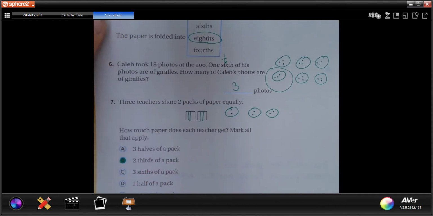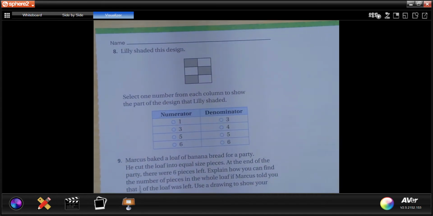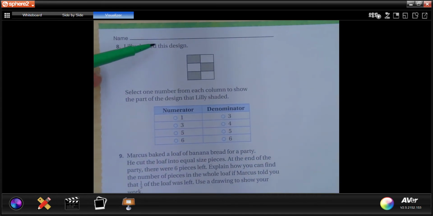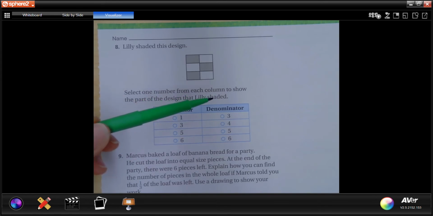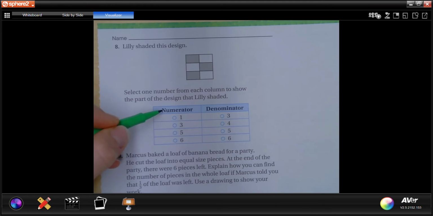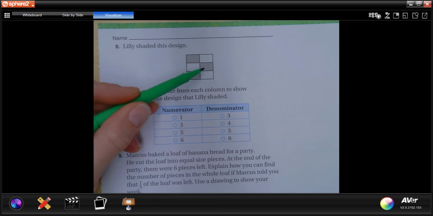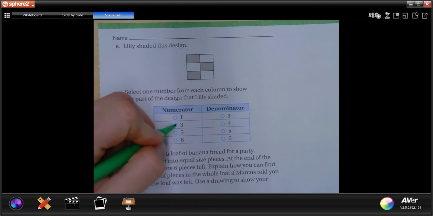Okay, we're going to move on to number 8. Lily shaded this design. Select one number from each column to show the part of the design that Lily shaded. Well, the numerator is the amount shaded. So there are 1, 2, 3.